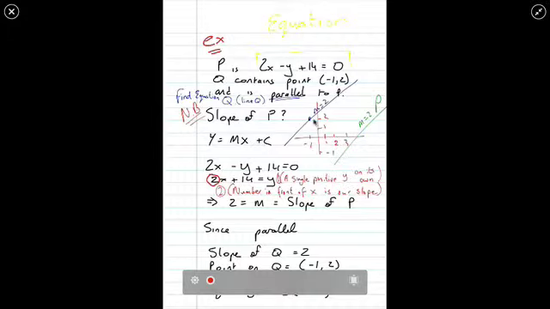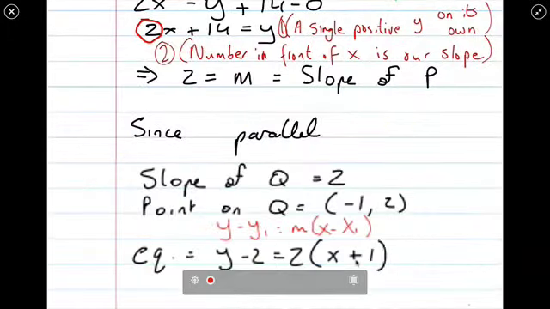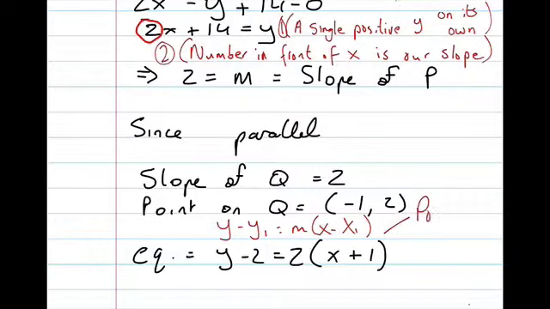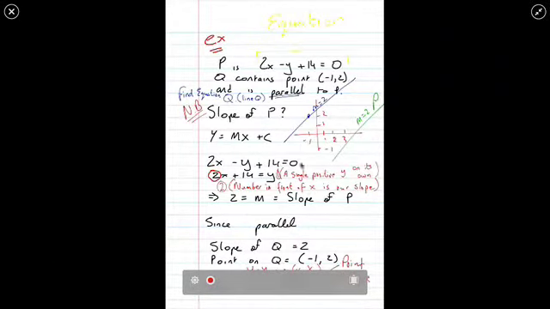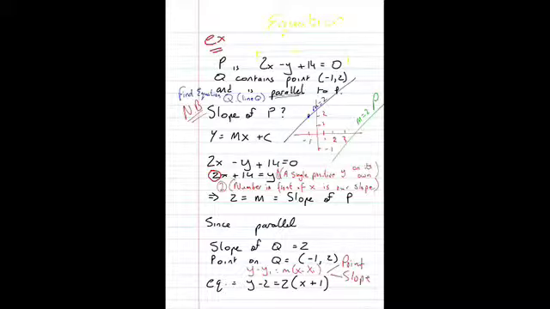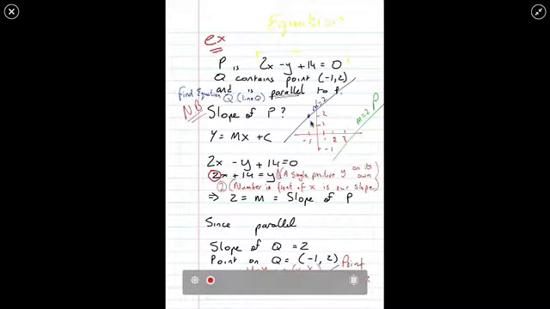Then I go to this Q, and I think, I need two things for the equation of a line, Sinead. I need a point, and I need a slope. Is this helping you at all? Then I look at Q here, and I think I need a point and a slope.